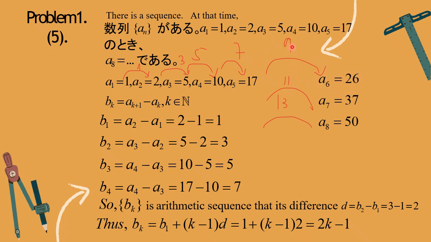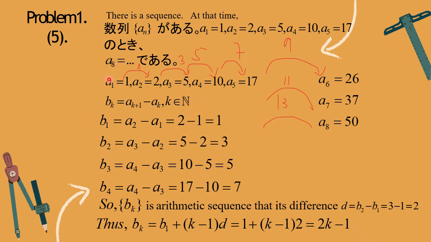And then 9 plus 2 becomes 11, and we add 11 to a6. We get the 7th term, 37, and then 11 plus 2 is 13, and we add another 13 to a7, and we can get the answer. So it is 50.